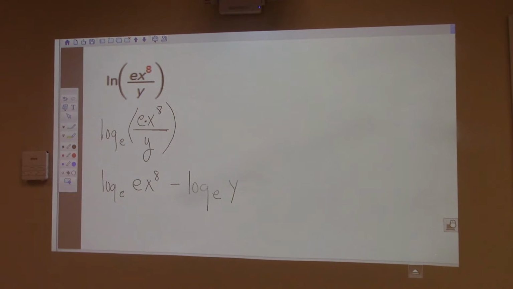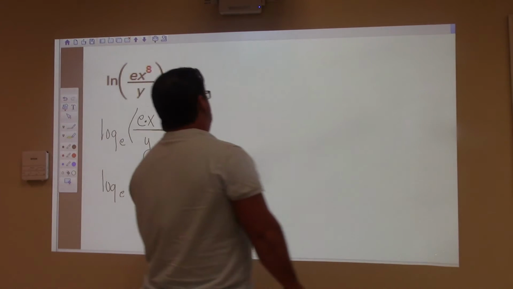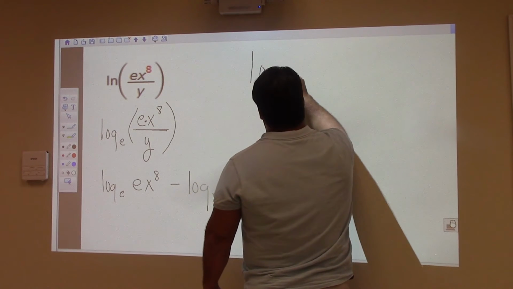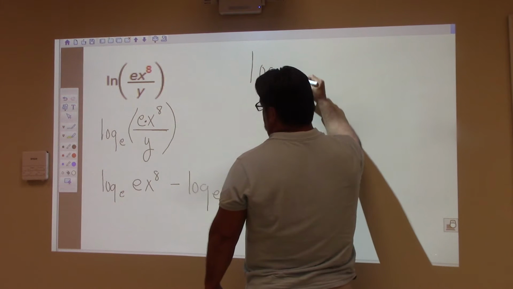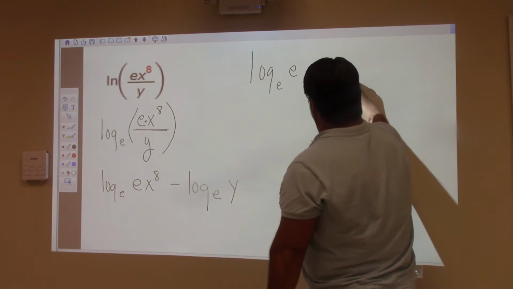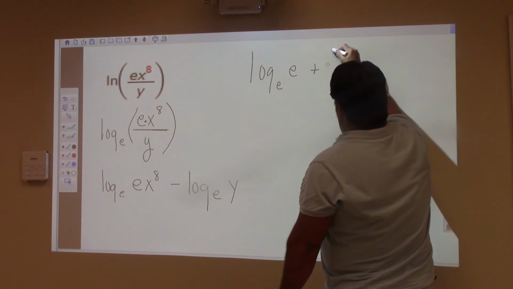Now, what can I do to that E and x to the 8? That's what rule? What'd you say, Miss Anthony? I think it's the power thing. The product rule. Right, Miss Anthony? Right.